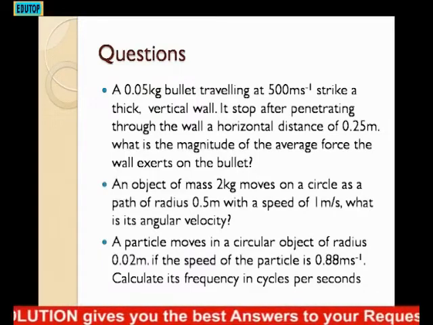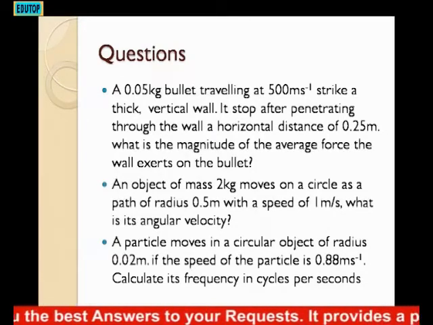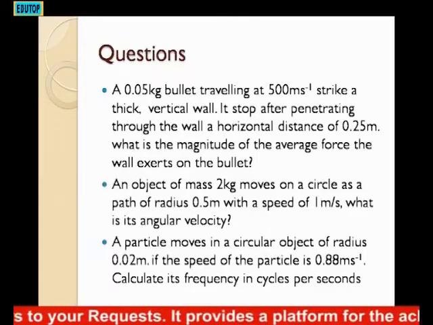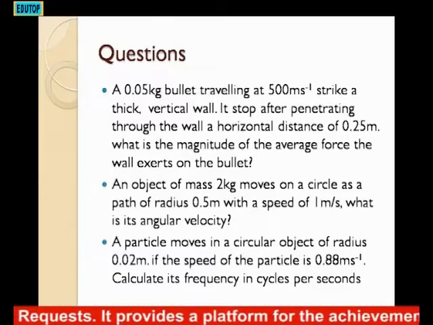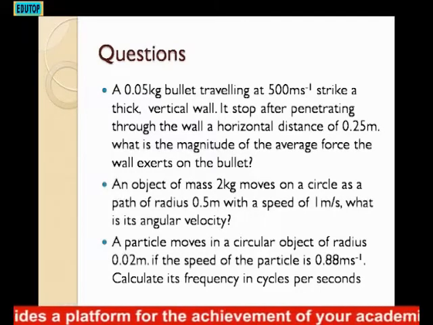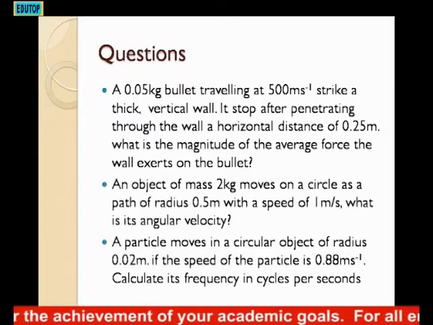We call it circular motion. To solve this question, we are given the mass of the object, 2 kg, and the radius, 0.5 meter. We are given the speed, 1 meter per second. They ask what is the angular velocity?